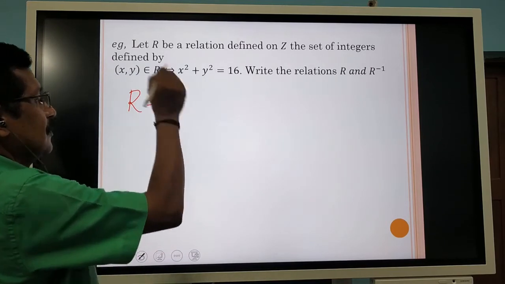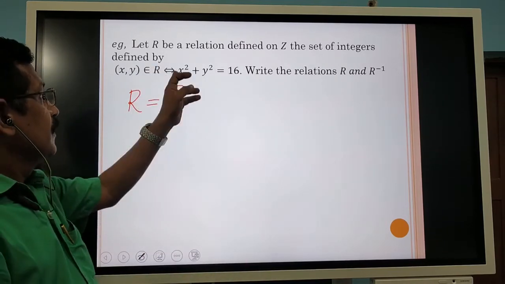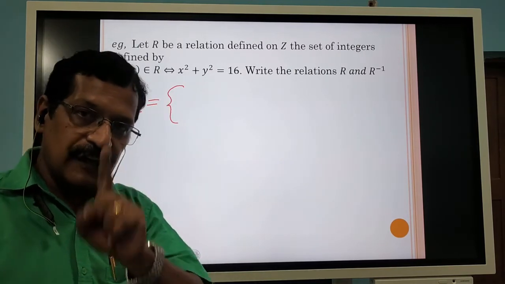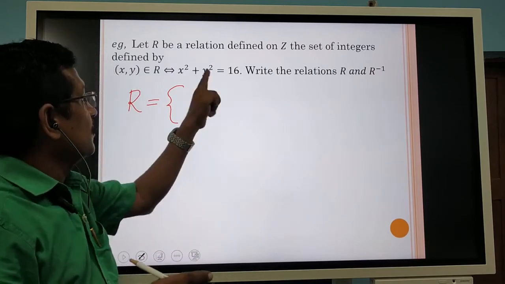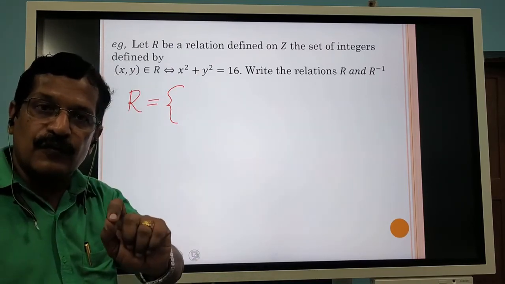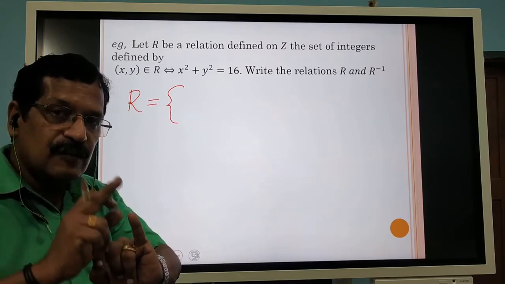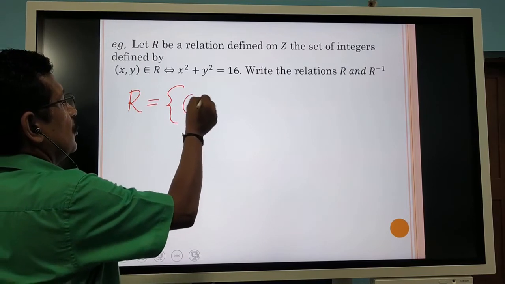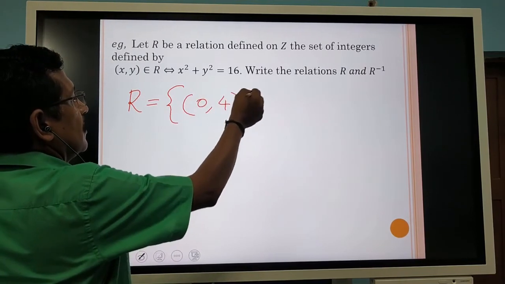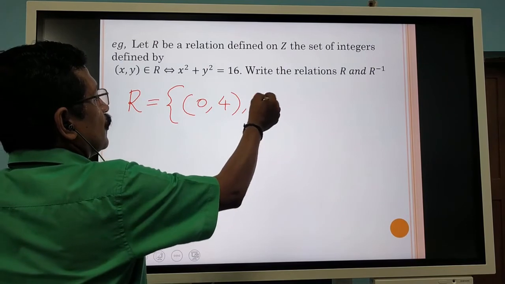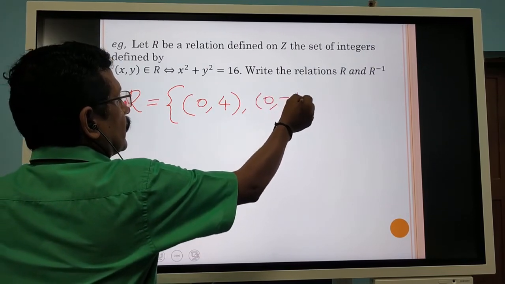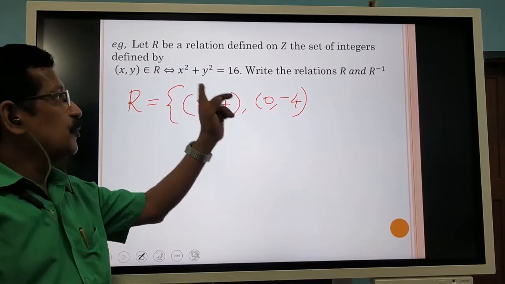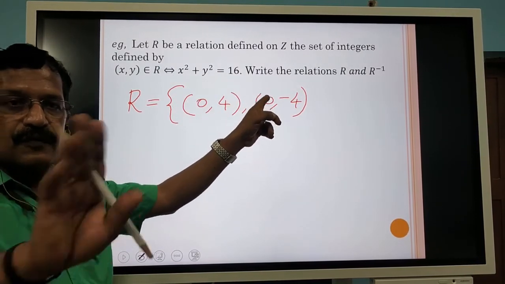Let us take x equal to 0, one integer I am taking. When x equals 0, y square will be 16, which means y can be 4 or minus 4. So (0, 4) and (0, minus 4). Now if you give x equal to 1, it's not possible because the square root of 15 is not an integer.